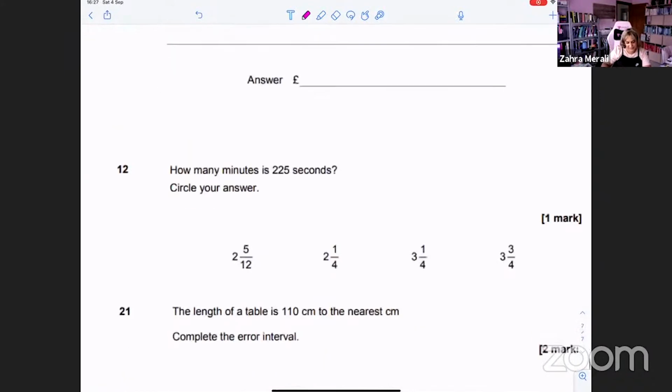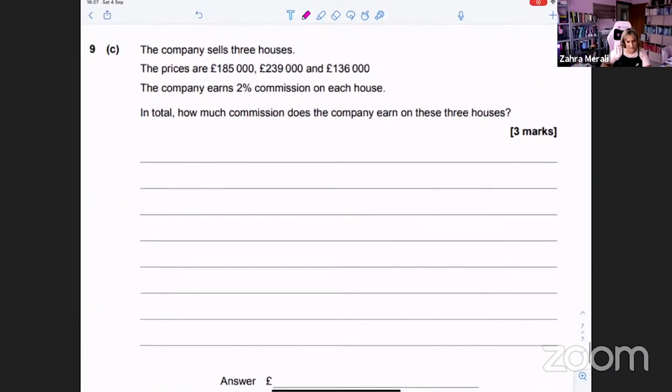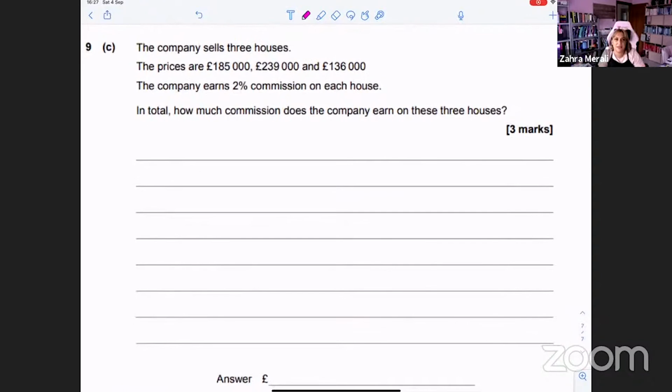A company sells 3 houses. The prices are 185,000, 239,000, 136,000. The company earns 2% commission on each house. So it's getting 2% of each house.